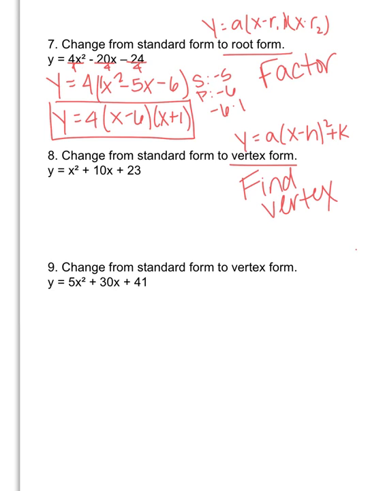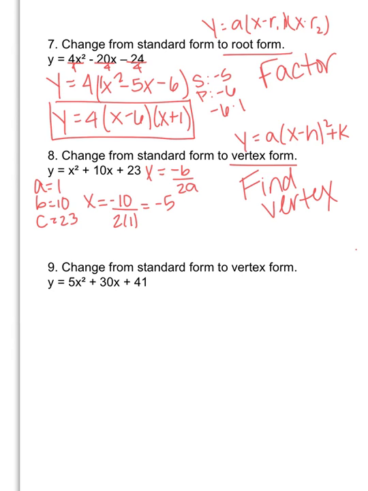There's a formula, x equals negative b over 2a. So a equals 1, b equals 10, and c equals 23. So x equals negative 10 over 2 times 1. So the x value of the vertex would be negative 5.